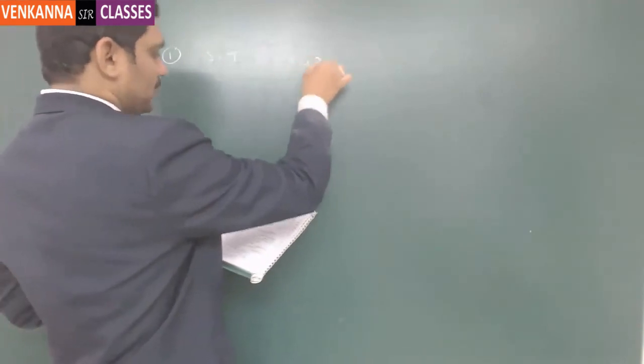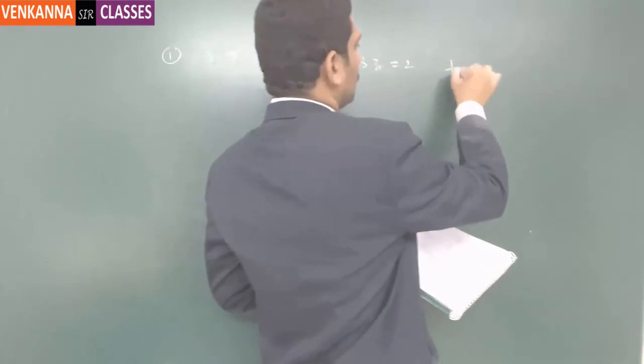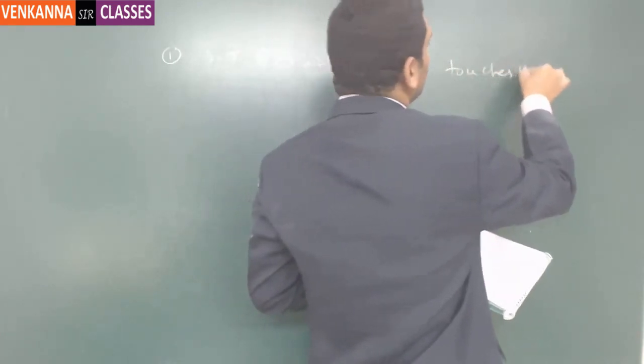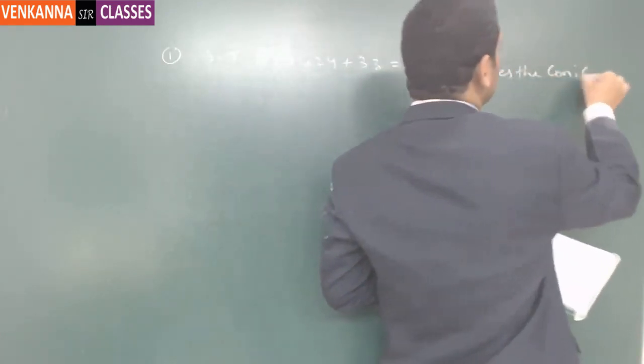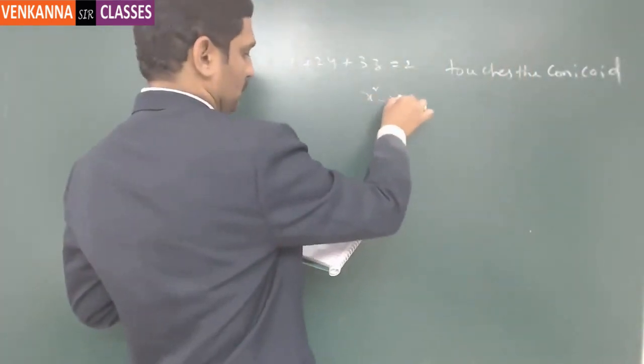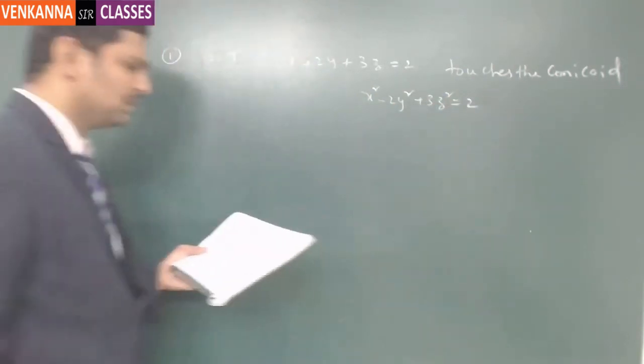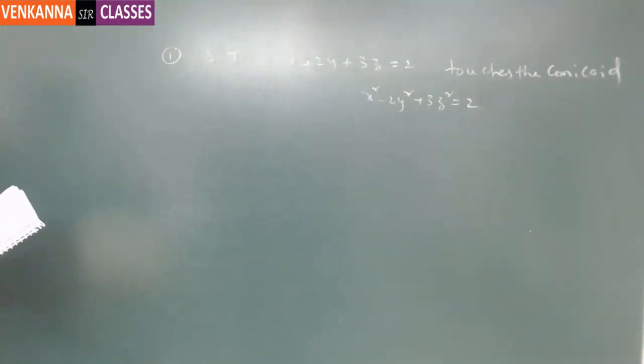Show that x plus 2y plus 3z equal to 2 touches the conicoid. If you have done it, you neglect that, otherwise you practice this.